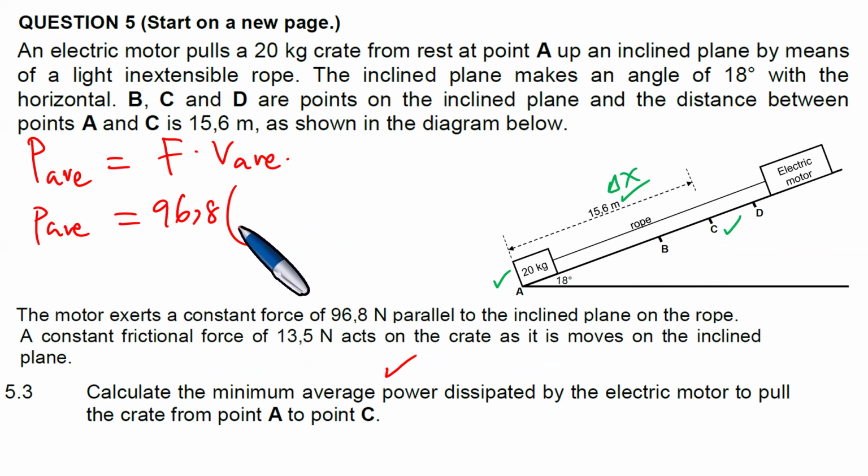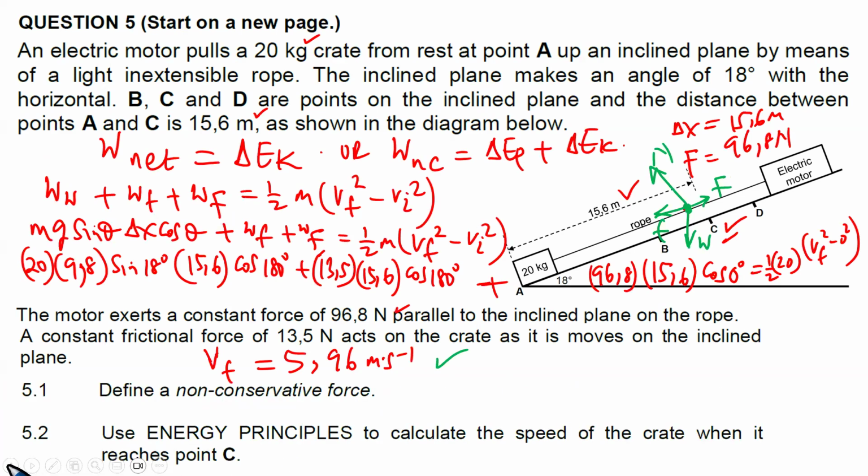Power average, and then the average velocity. We know very well from the previous calculation that we calculated the speed of the crate when it reaches point C, which was found to be exactly 5,96.